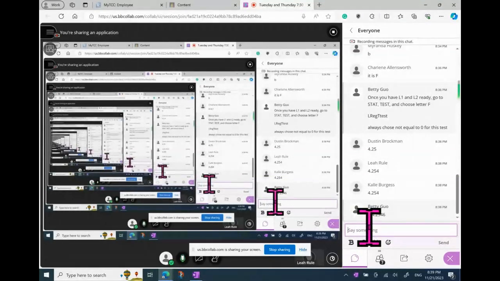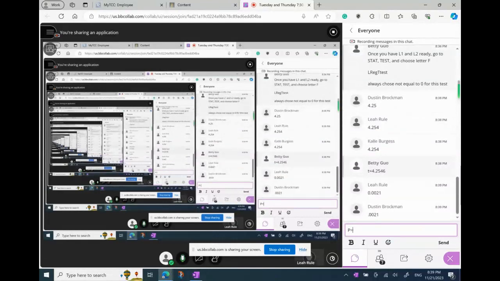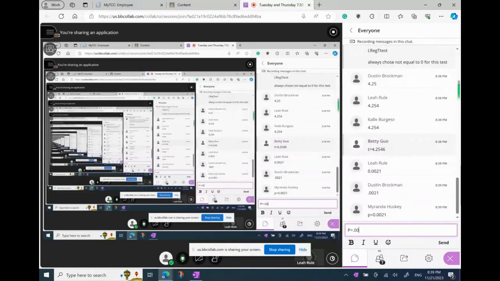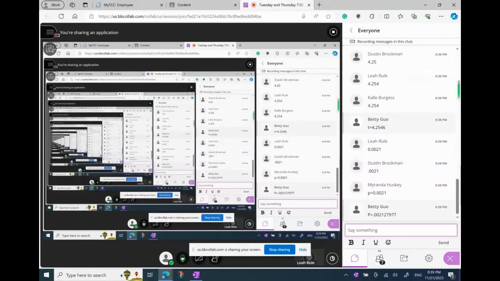And what about our p-value? The entry right below it is a p-value, okay? If you want to use the p-value test method, my p-value is 0.002127977. Yeah, awesome. Very good. Perfect.